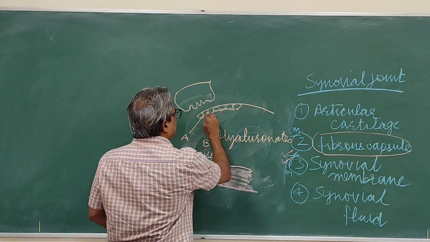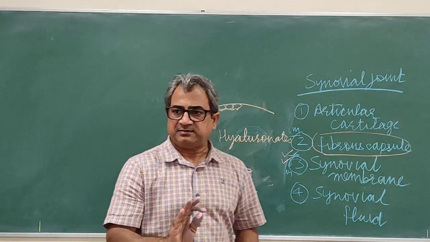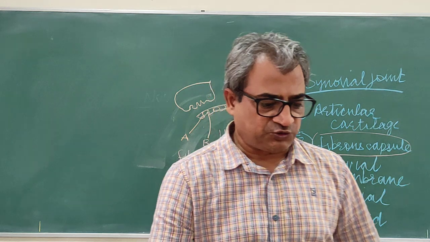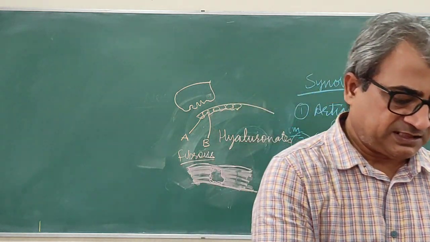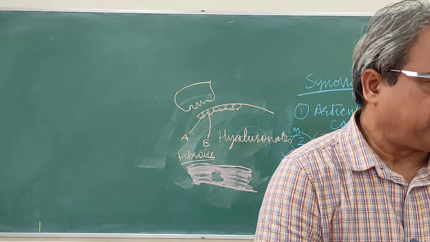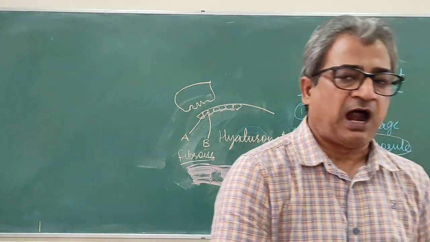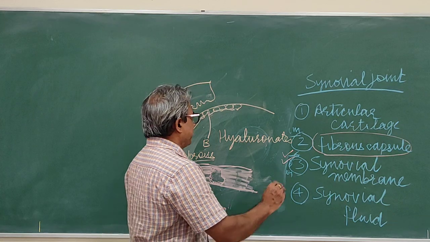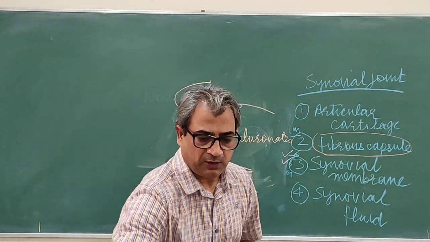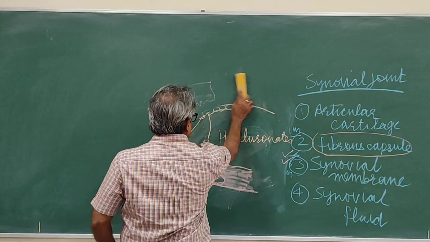And then over the surface, what is seen? There is deposition of fats here and there. Those structures depositing the fats are termed the articular fat pads. I will give you an example. Say I draw a separate diagram here.